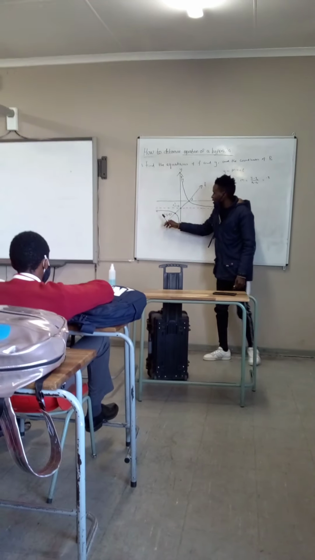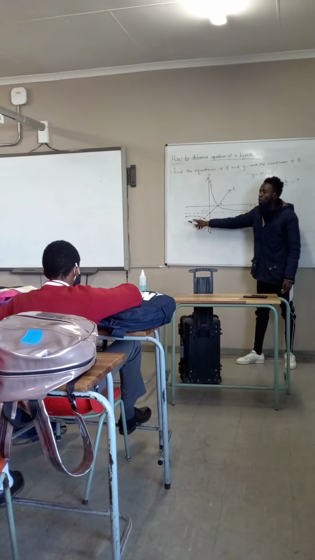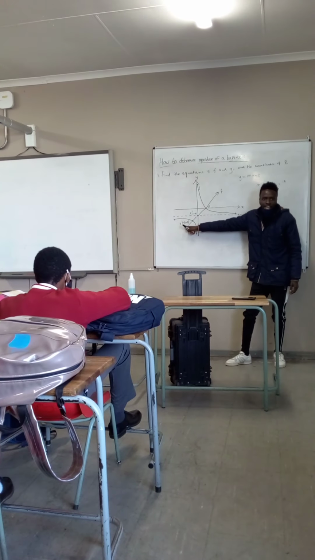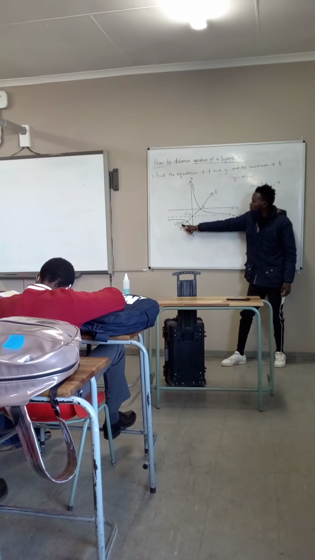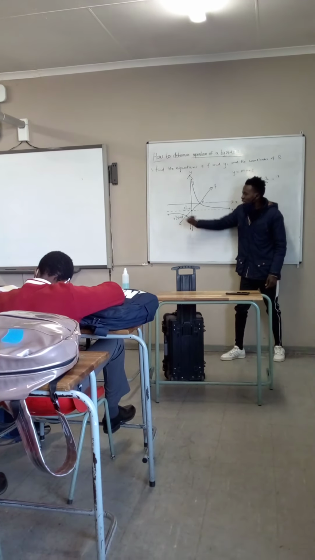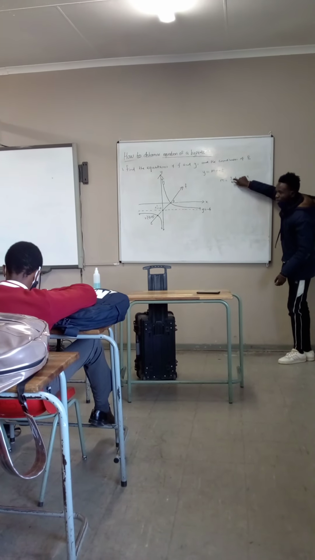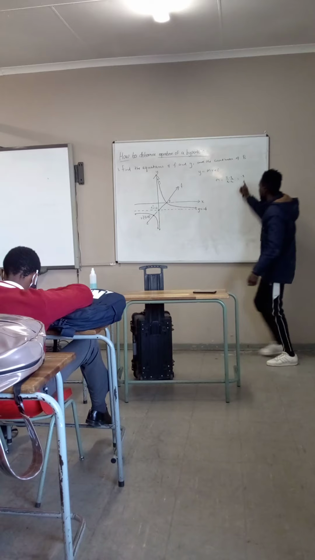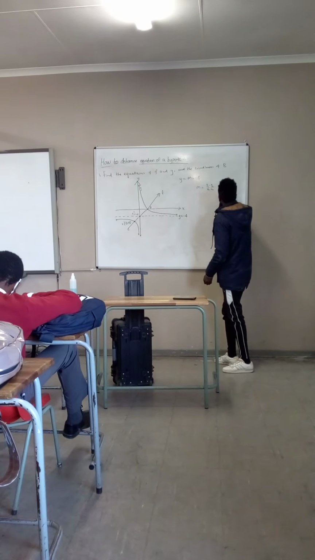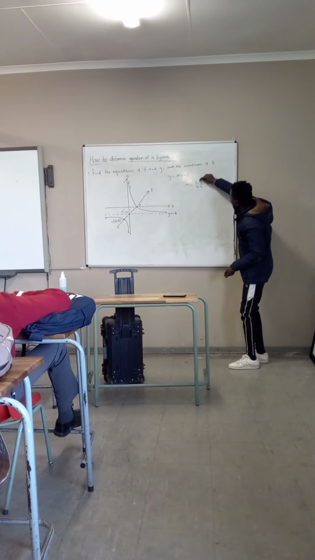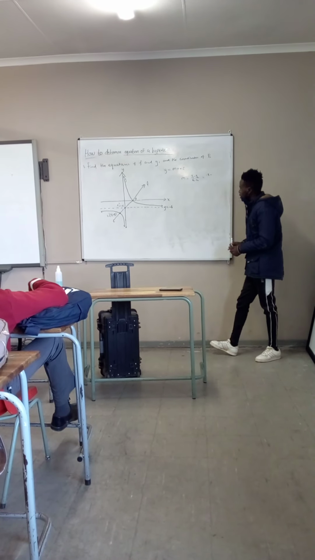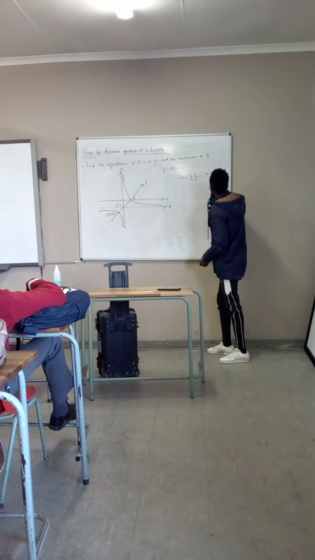Our Y1 is negative 8 because point Z is our point number 1. Then minus the Y coordinate for point number 2, which is negative 4, and we put it inside the bracket.